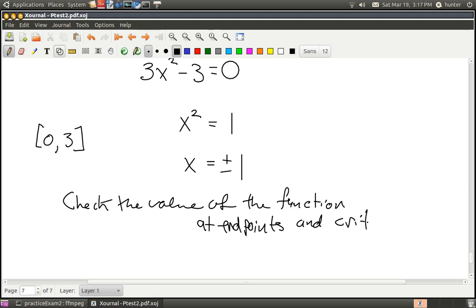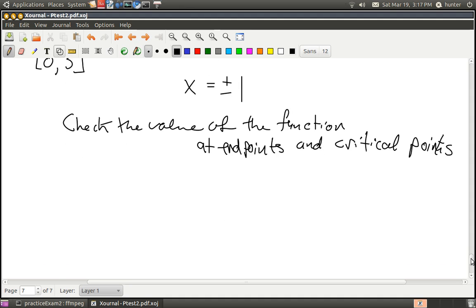Critical points are just the points where the derivative is 0 or doesn't exist. Since this is a cubic polynomial, there are no places where the derivative doesn't exist, but don't worry about all those complications. So all we're doing is just checking the value of the function. What we need to find is f of 0, f of 3, and f of 1.